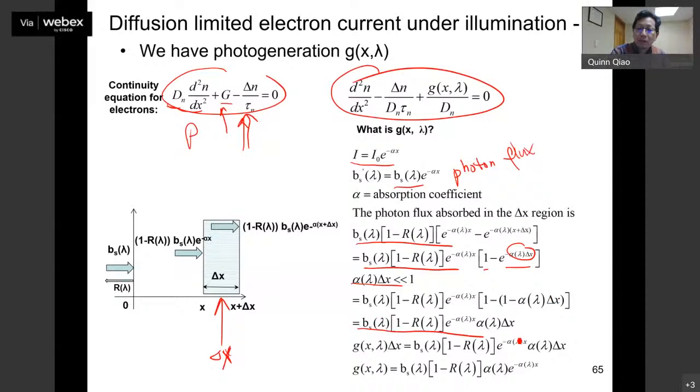Then what you see here is generation: the photon flux, you just subtract the reflection, and then multiply this e to the power minus alpha x and then this absorption coefficient times delta x. Okay, that's it. This is the generation rate, G(x), that's this. Okay, that's the generation rate.